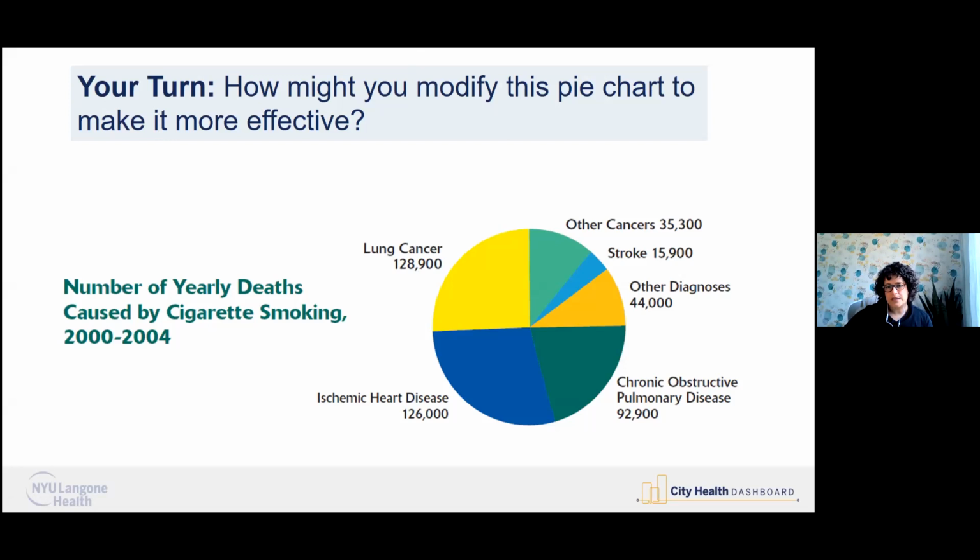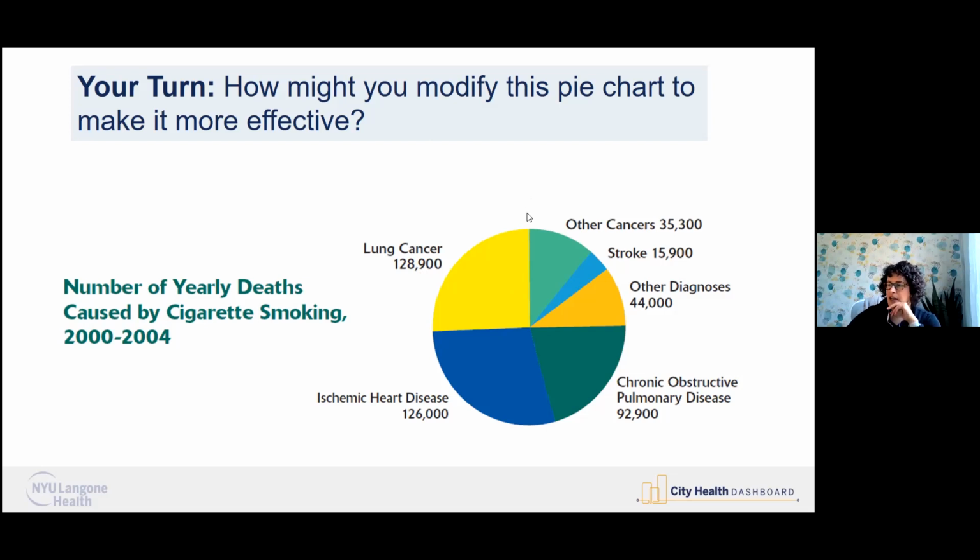Yeah, so using percentages. Feel free to pop into the chat any other suggestions. Yep, placing in descending order. So they have the pieces kind of in different places.